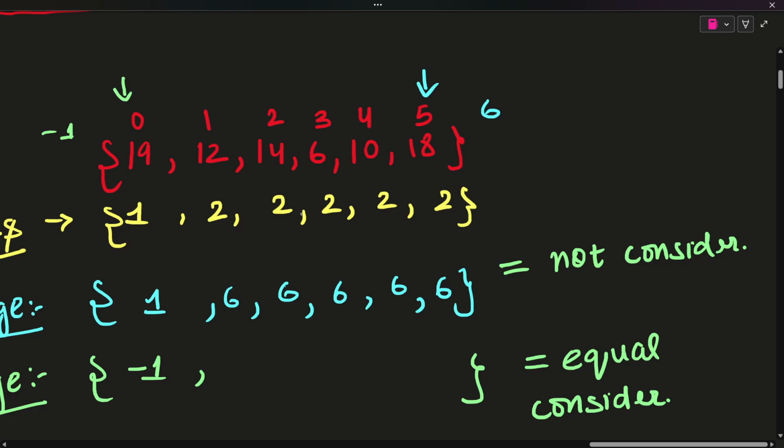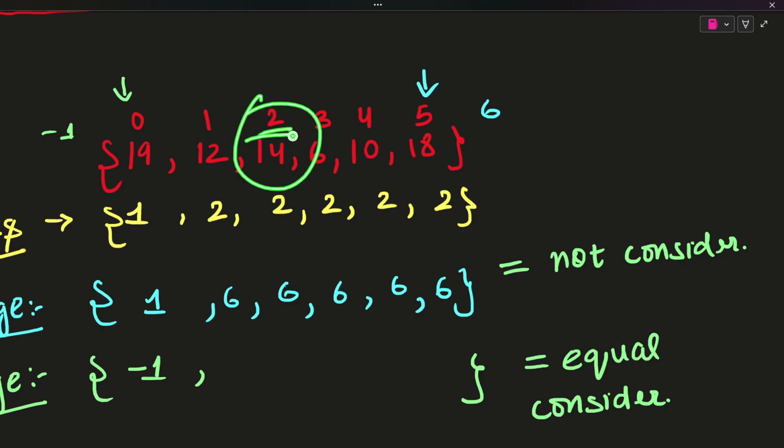Because standing at this point, whatever are equal, we won't consider it because this is the dominant one, because of its index. And if we check in the previous ones, if it's equal, it won't be dominant, right? So if it's equal, we are gonna consider it.